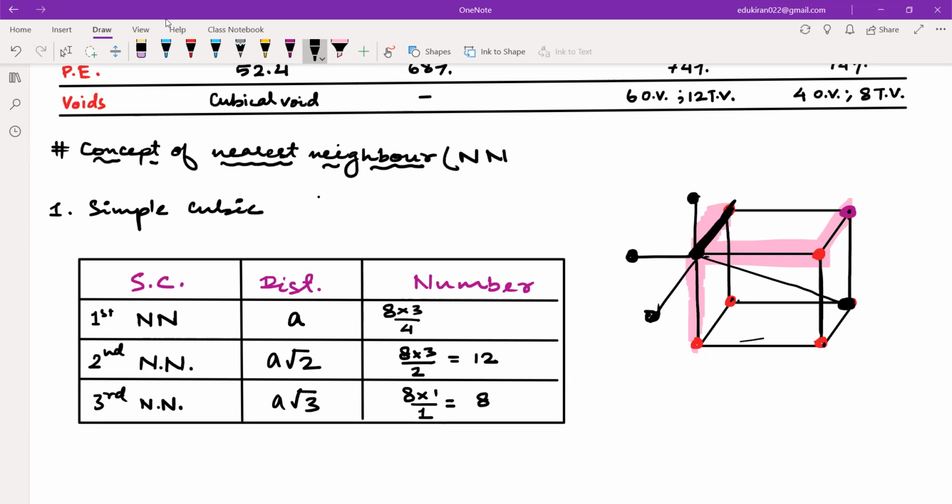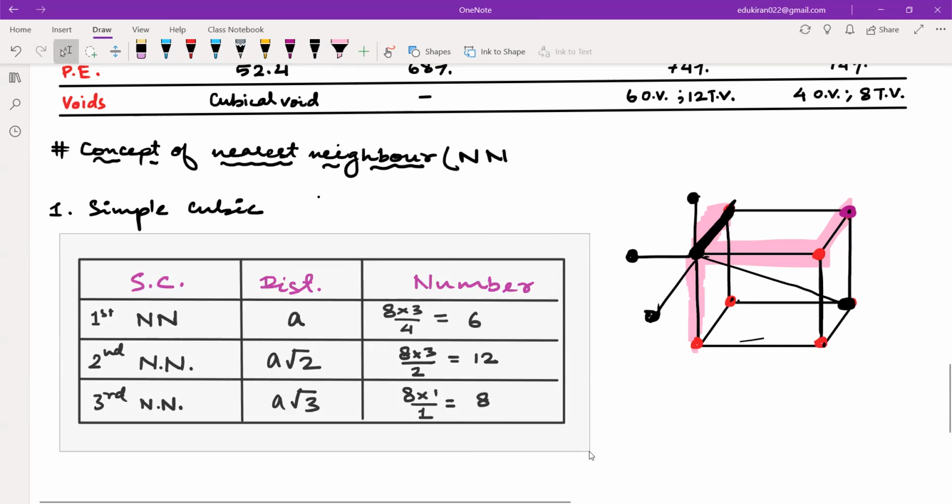Yes or no? Yes. So this is inside an edge, and this edge is shared by 4. That is why this is equal to 8 times 3 divided by 4, which gives you 6. Okay, so the number of atoms at the first nearest neighbor is equal to 6. So don't write this one. Don't write this. Let me just copy this for the BCC structure.